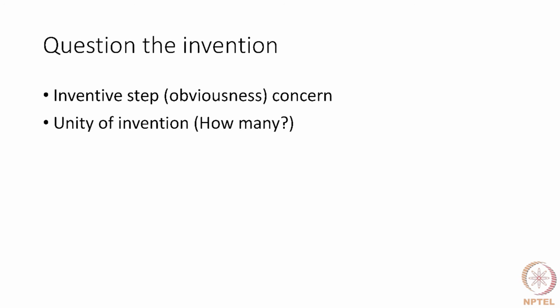Another concern you would have is to see whether there is unity of invention, which means whether there is just one invention in the problem solution statement. In case there are more than one invention, separate inventions, then you would create different problem solution statements for them.